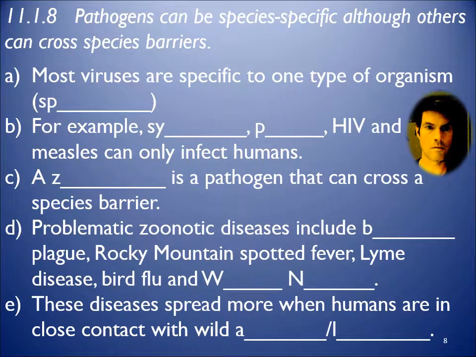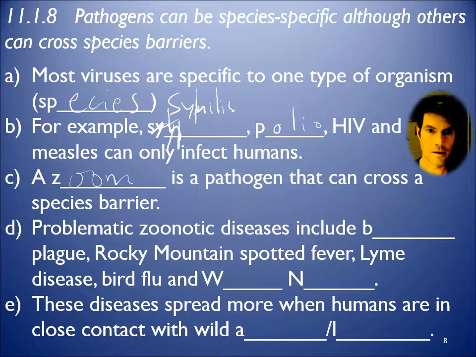Right here, species: syphilis, polio, HIV. Zoonotic is a pathogen that can cross the species barrier.